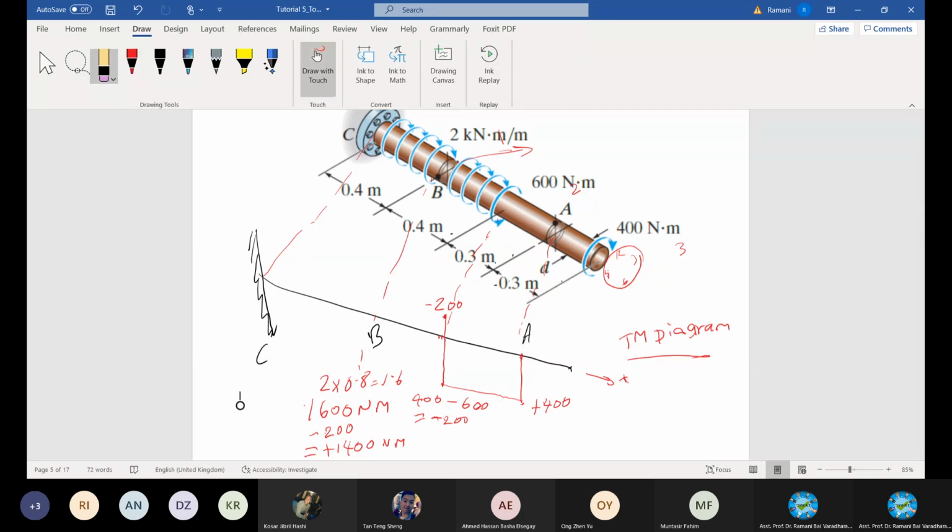Okay, let me remove this temporarily, so that I follow the same angle. When it comes here, it will be something like this. When it crosses this point, it will be something like this, or like this.